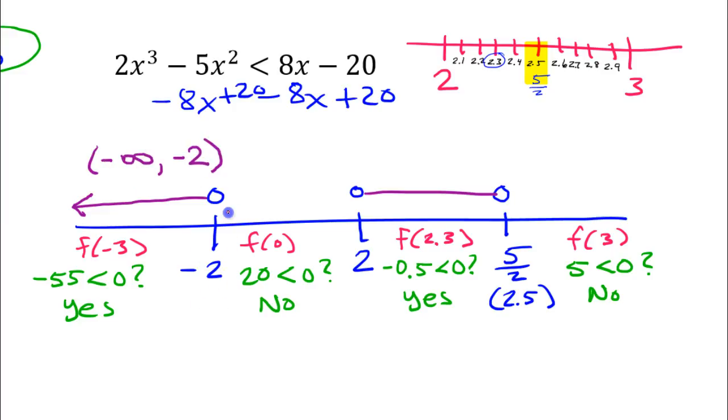All right, and we'll use round parentheses, which, like open circles, show that the endpoint is not included. And then we'll have to do a union, and here comes our second interval, which goes from 2 to 5/2.